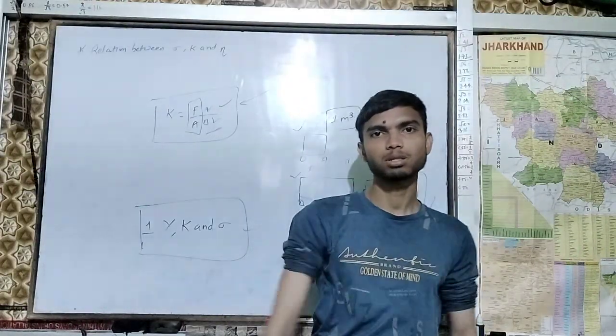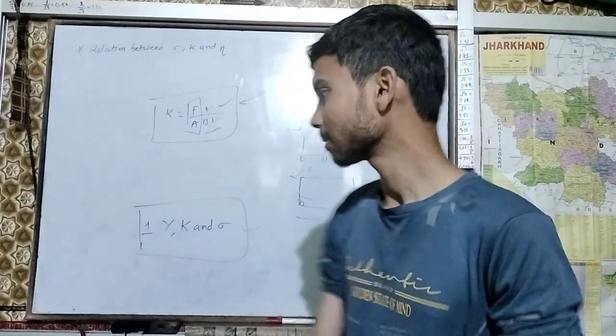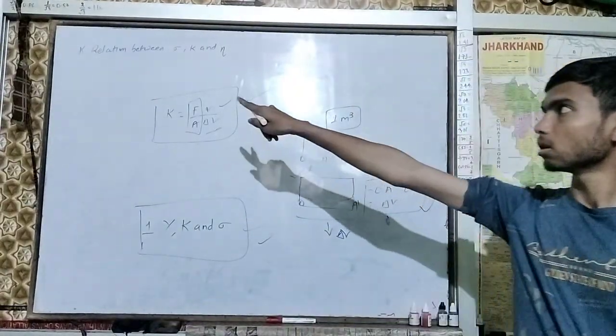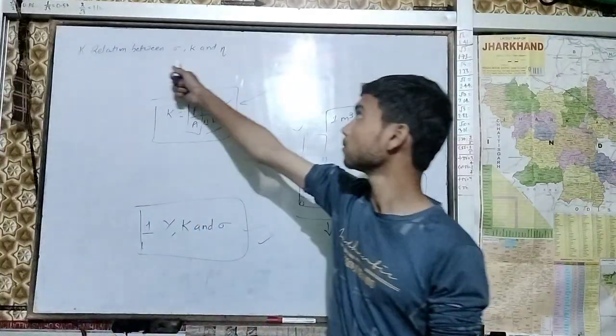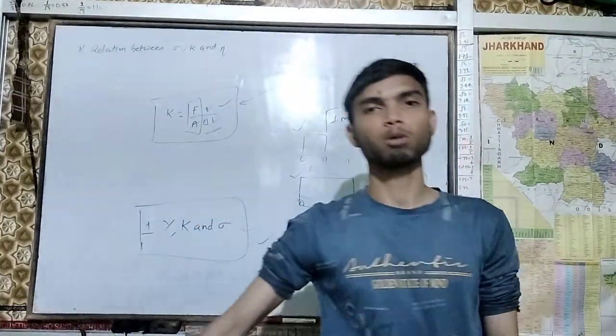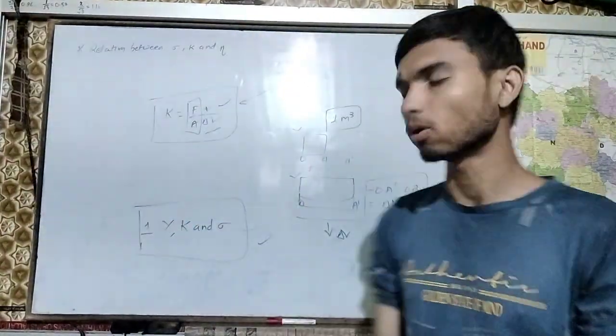That is where Poisson's ratio comes into the picture. As of now, let me explain the relation between Poisson's ratio, bulk modulus, and rigidity modulus.